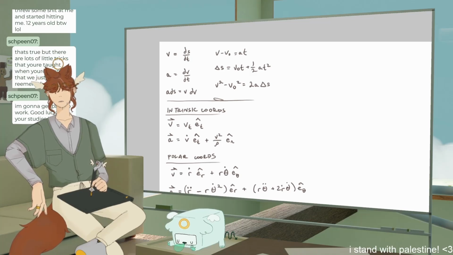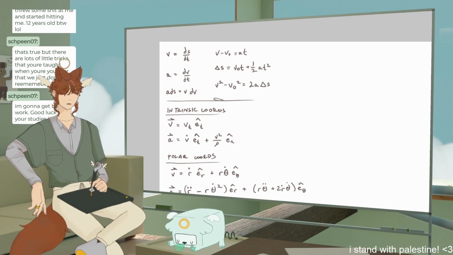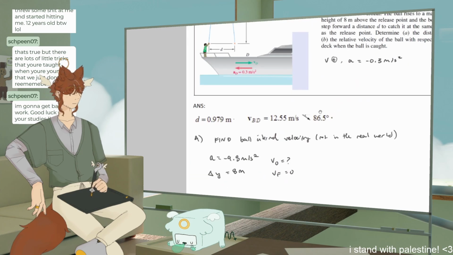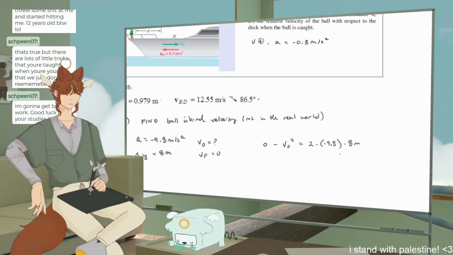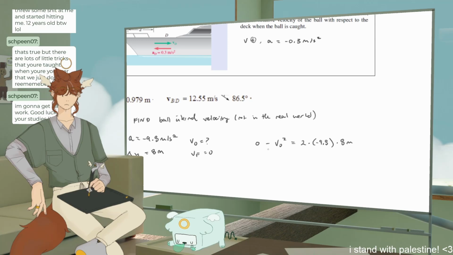So we don't have t, so we should use the third equation. V squared minus V0 squared equals 2a delta y. So 0 minus V0 squared equals 2 times negative 9.8 times 8. So V0 equals the square root of 2 times 9.8 times 8.